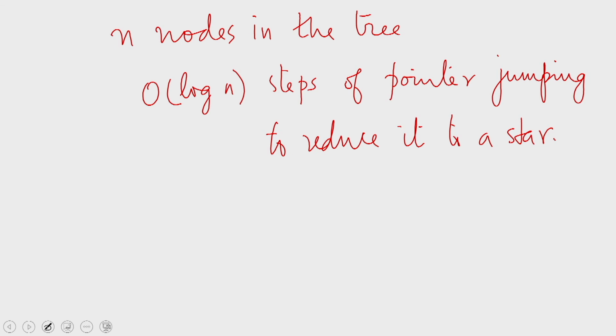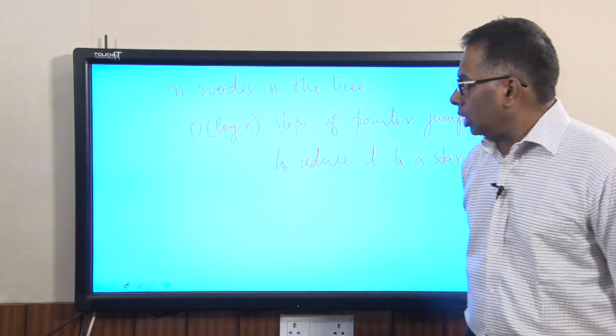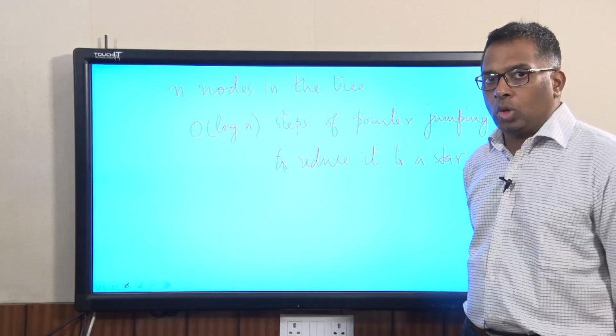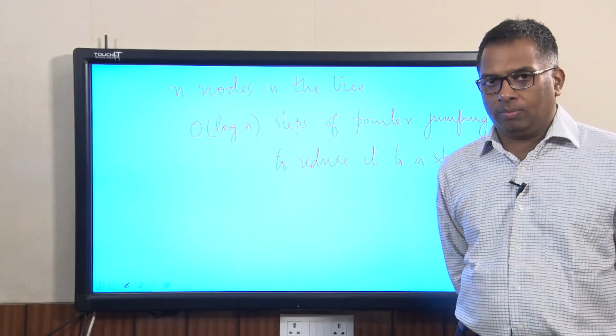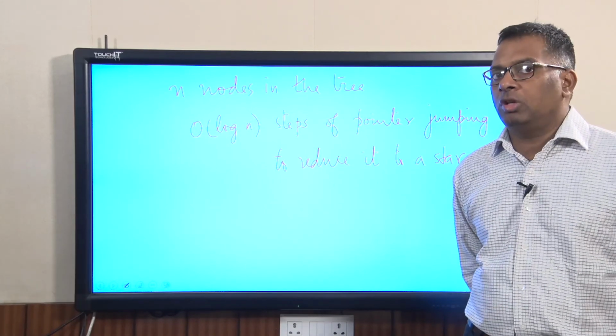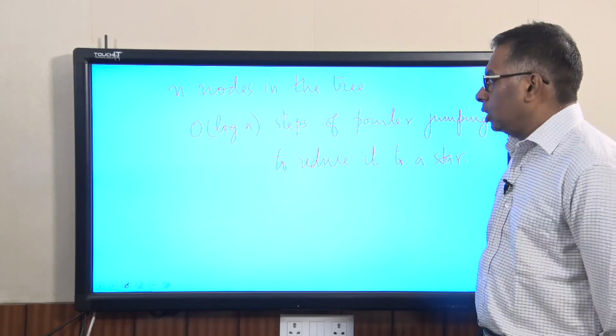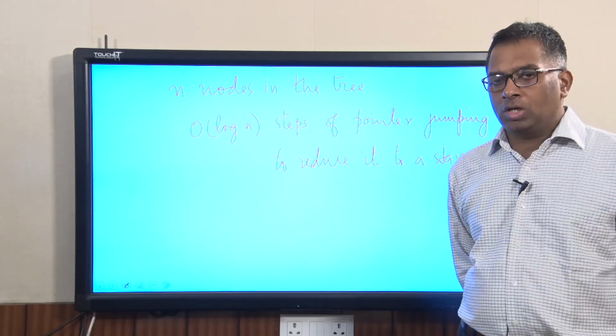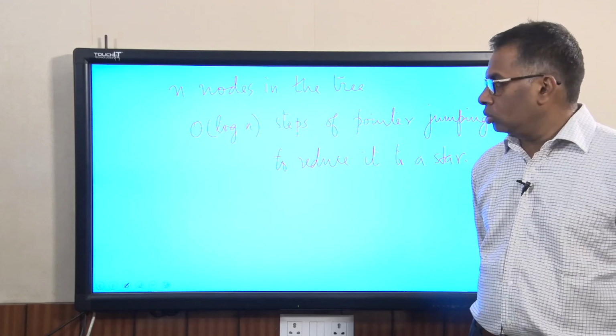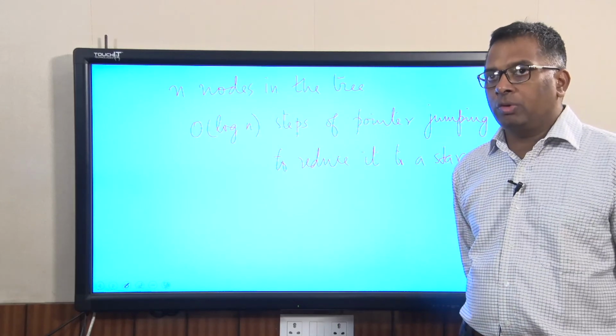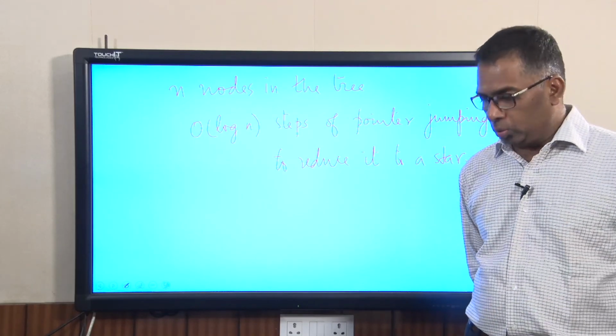So, if you have one processor for every single vertex, the time taken to reduce the tree entirely to a star is order of log n time, and this is going on simultaneously for every single tree. So, if you spend order of log n steps, all the trees in the graph will reduce to a star graph, which means we would have shrunk the entire graph into supervertices.